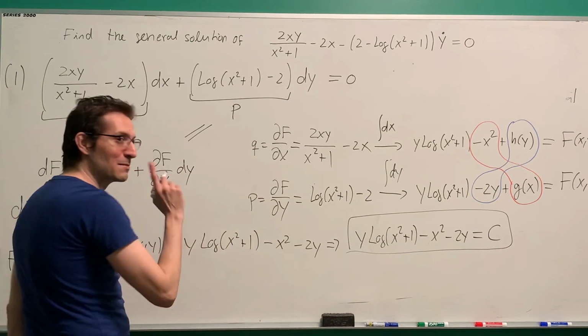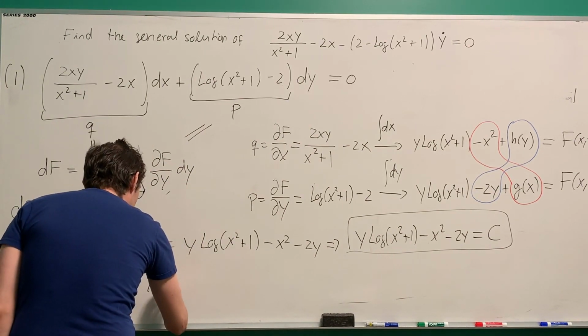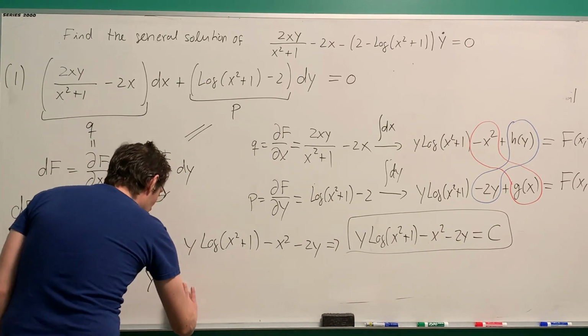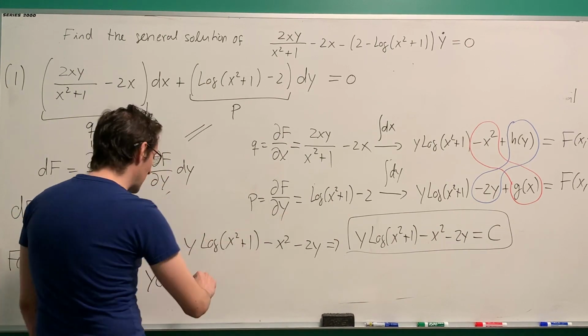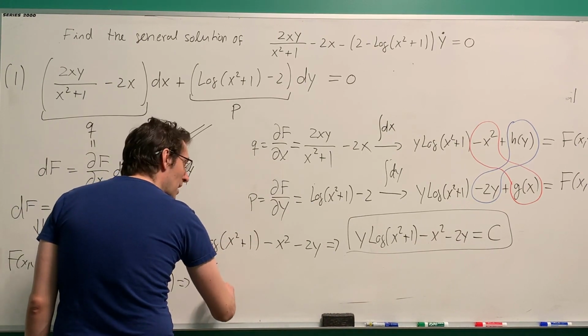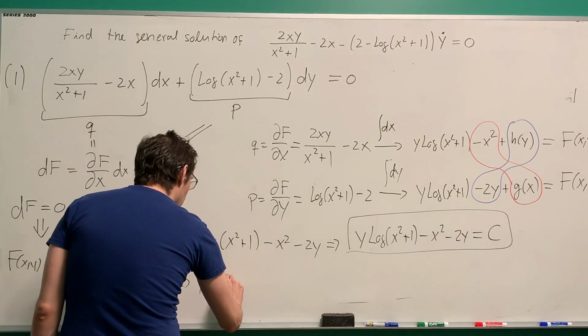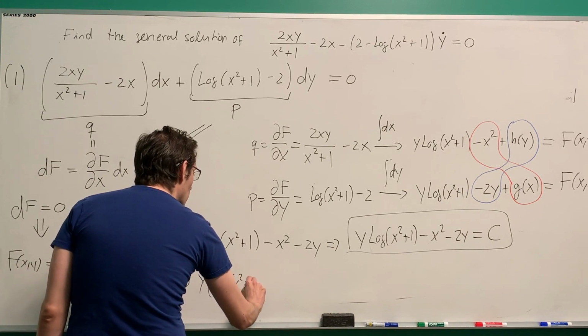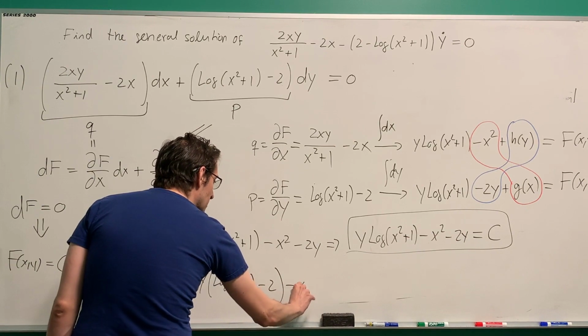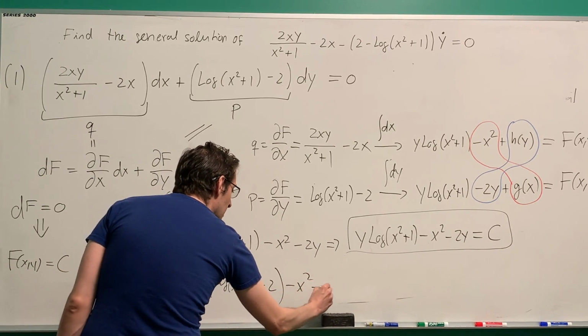So the explicit solution, y of x, what we want, right? We can get this solution by simplifying this a little bit. So we common factor y, so y multiplies on the one hand the log of x squared plus 1, and it also multiplies minus 2, and then you have minus x squared equals a constant, right?